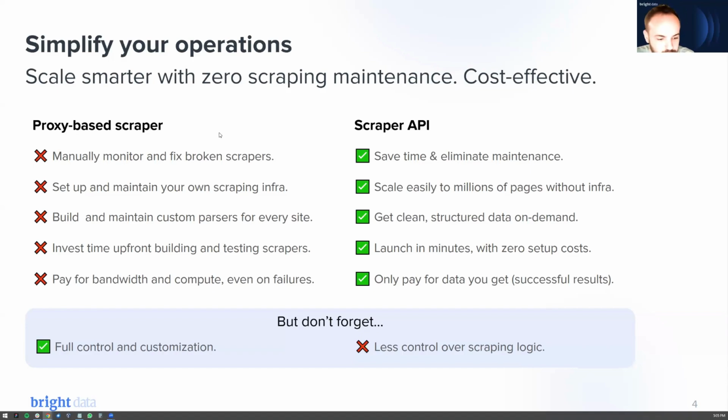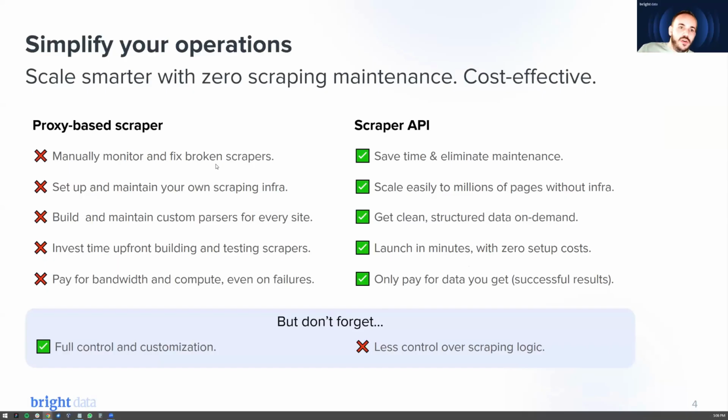We'll soon start the demonstration and you will see how easy it is. Also, there's the point of pricing: you pay only for data you get, so it's probably the most cost-effective way to test it.